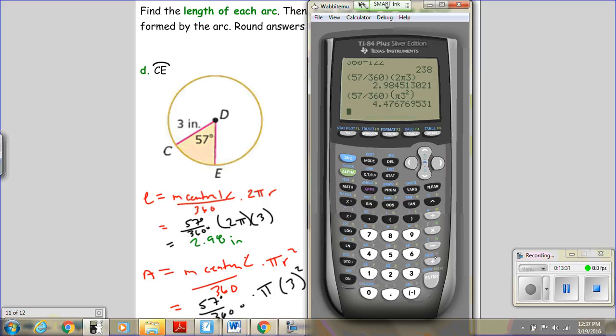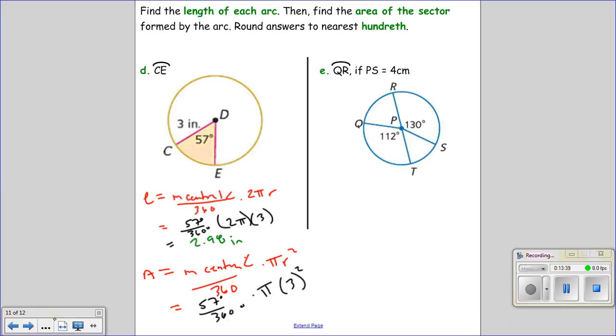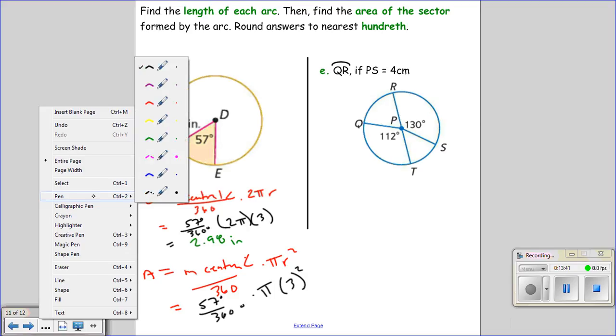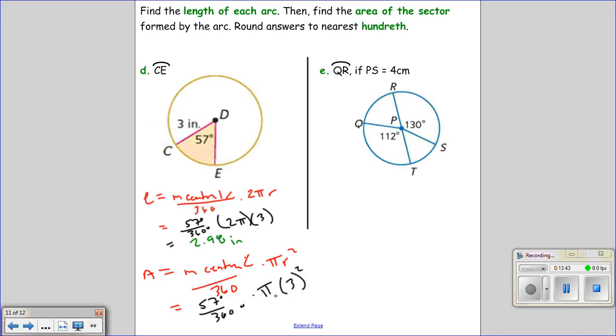And the area of the sector is approximately 4.48 inches squared. That's its area.